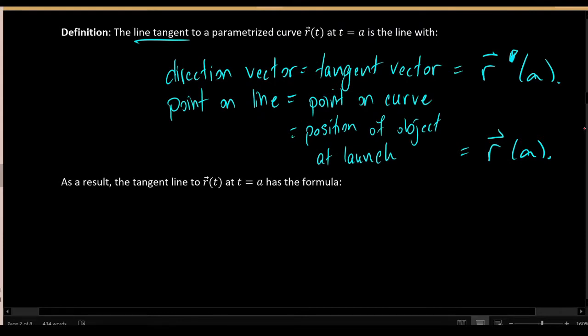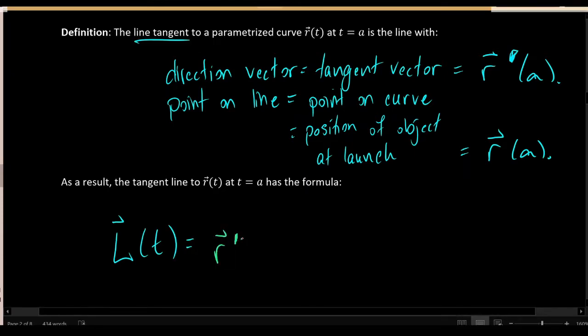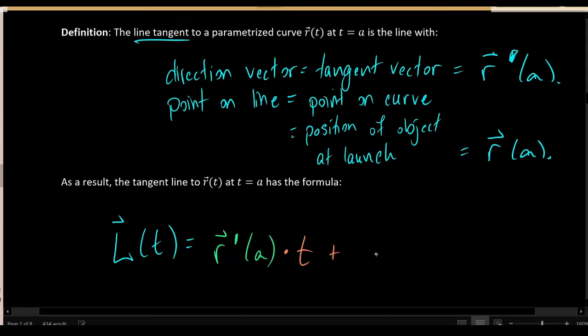So based on that, if someone asked us for a formula for the tangent line to a parameterized curve at a given time, then we could find that formula by saying, okay, let's take our direction vector, let's scale it by the parameter t, and let's add the position vector so that our line is attached to the curve at that point.